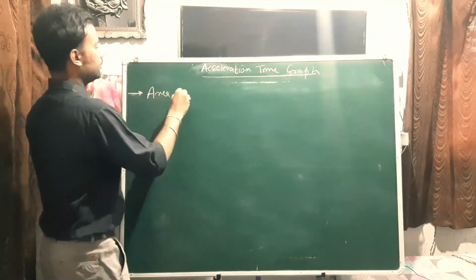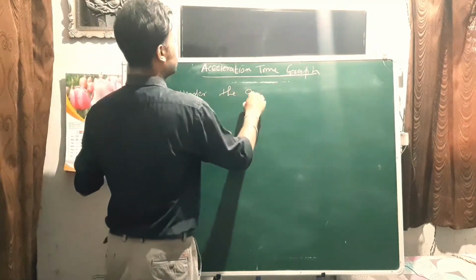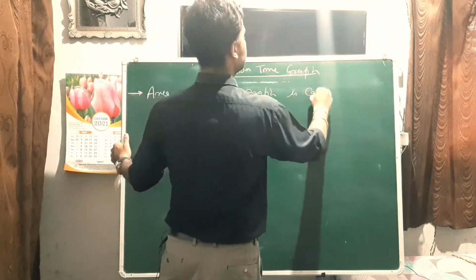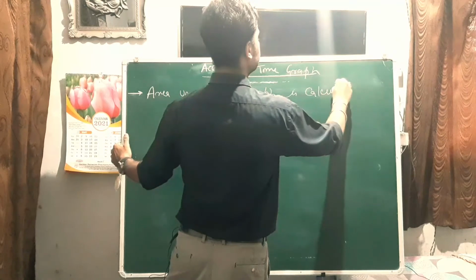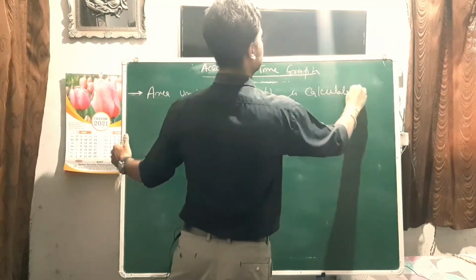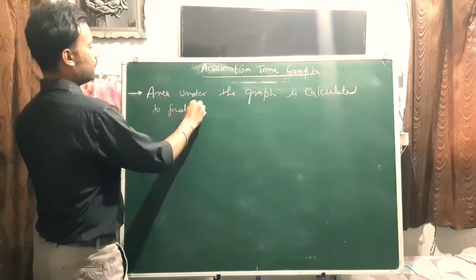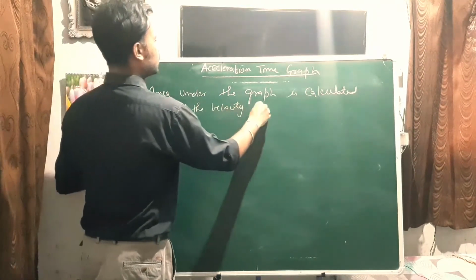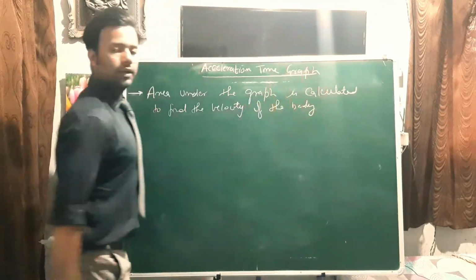Area under the graph is calculated to find the velocity of the body.